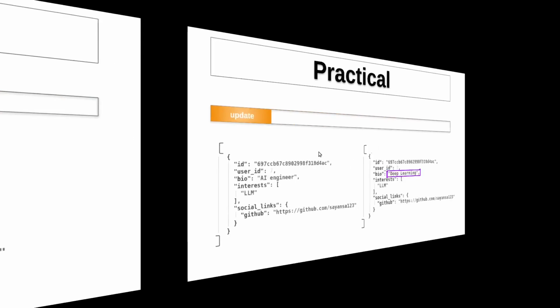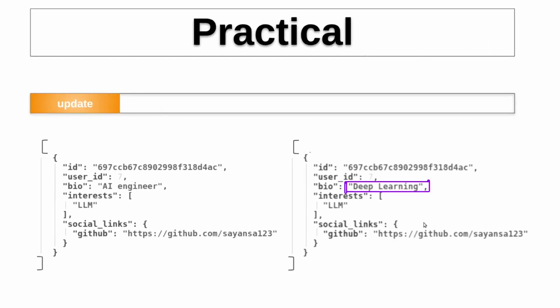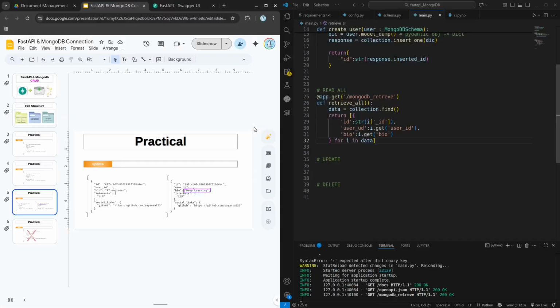Now let's see the update operation. I want to change this user ID and user ID is bio. Okay, bio AI engineer to deep learning. Now let's do this.